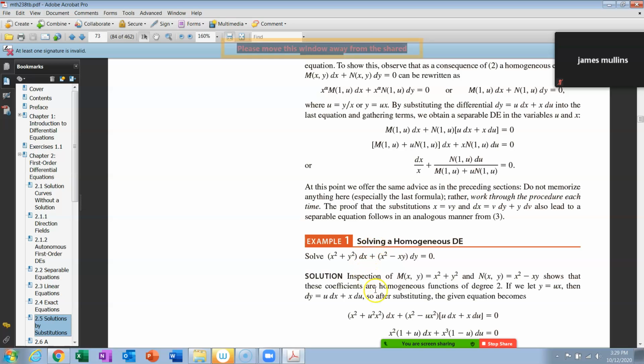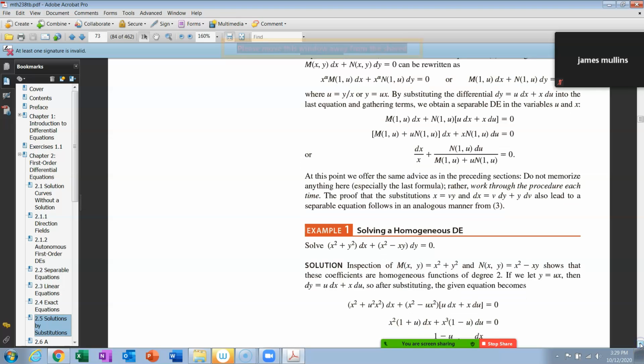And that's your dx, plus x squared plus y, which is ux here. So this will be x times ux, which is x squared u, and then this is times u dx plus x du, and that's equal to 0.